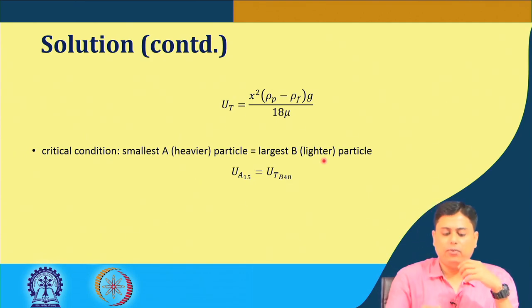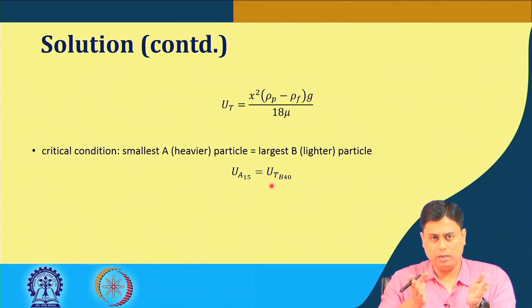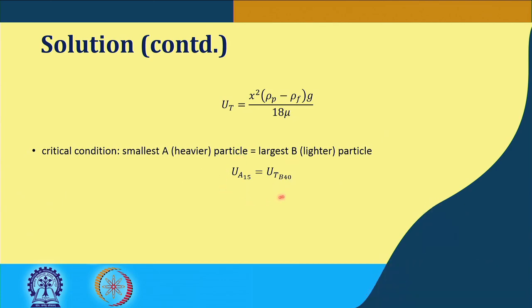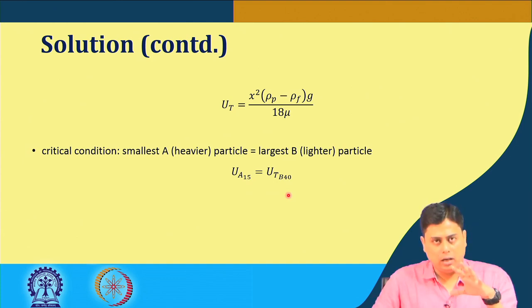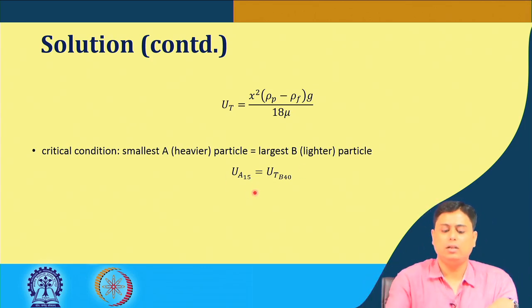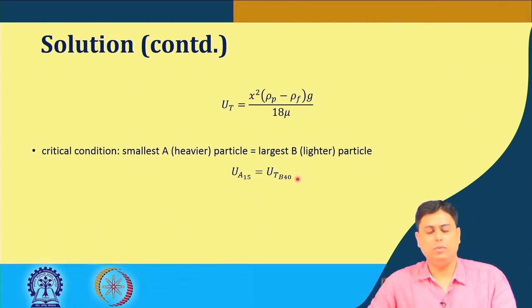If you can avoid this condition, then complete separation is possible. So by equating these two terminal values, we can determine the minimum density required. If we go beyond this, they will be separated.